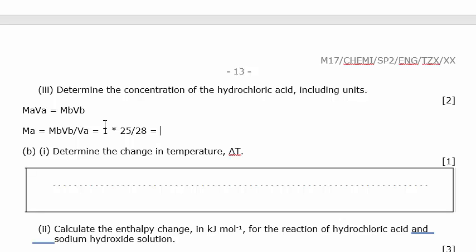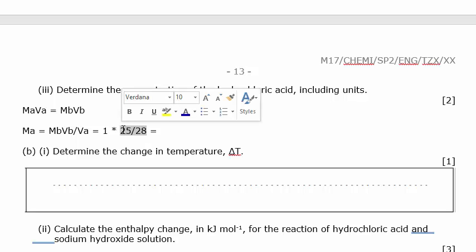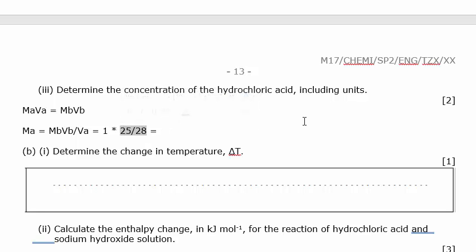I didn't need to change these into litres because their units cancel out anyway, so I could just use this in centimetres cubed. And it comes to 0.893. Molarity of the acid, 0.893 moles per litre. It does say include units here, so it's very important that we do include units because it's a 2-mark question. So if you miss the units out, you're going to lose a mark.